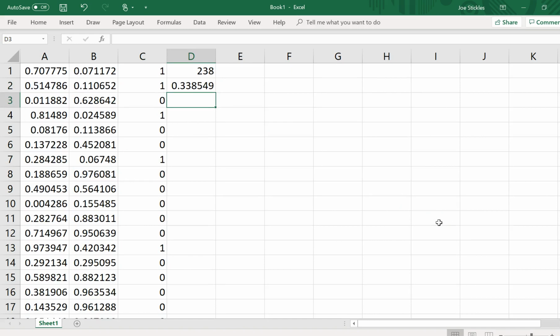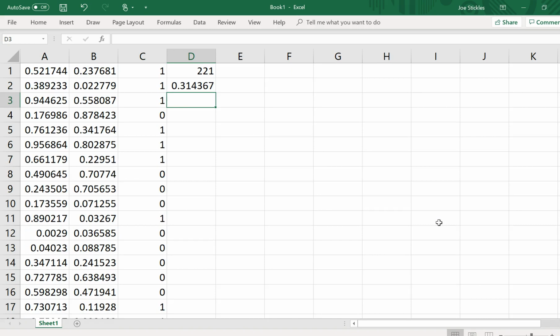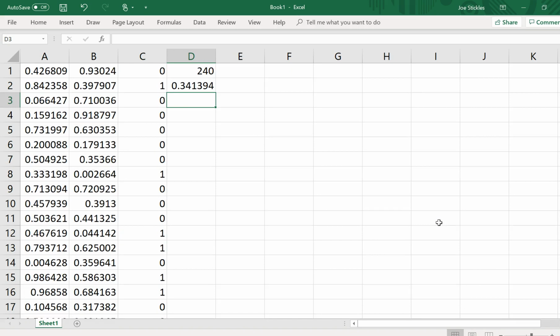Or 0.34, or 0.31. I'm just basically doing simulations for what the integral might be. And every time it recalculates, it's just giving a different estimate for the integral using random points. Obviously, the more points you use, the closer it should get to the approximation for the integral. But that's all you have to do.